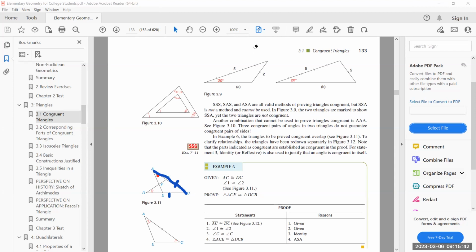If you look at ACB and DCE, they have a common angle, right? So ACE is this here. So ACE, right? And DCB, right?